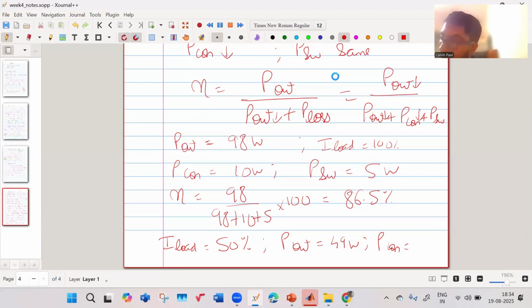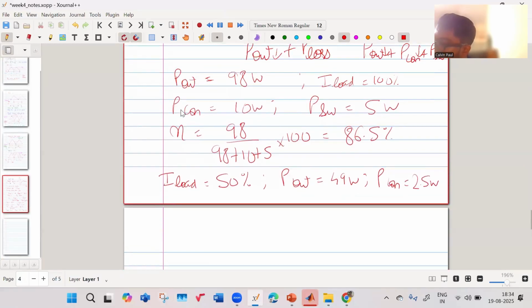One-fourth. Yeah, because conduction loss is dependent on the square of the current. So my conduction loss will become 1/4, so it will become 2.5 watt. But my switching loss remains the same.